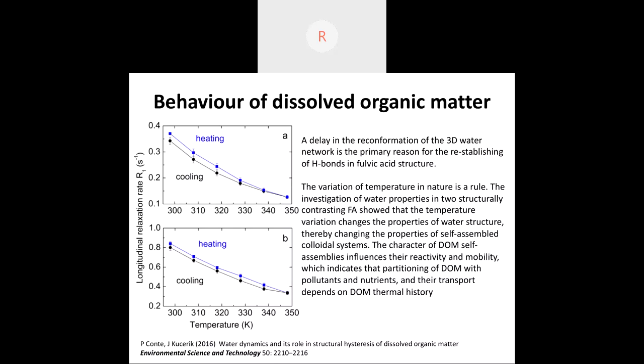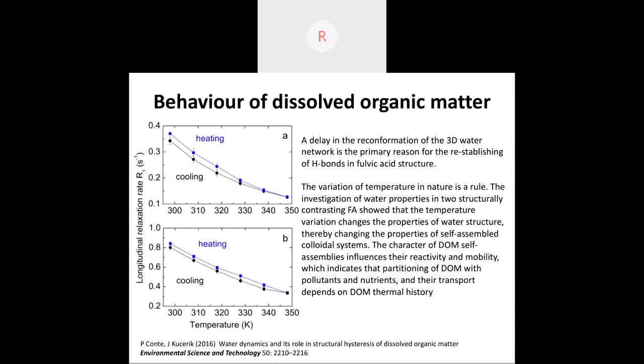That means that because of the heating and the cooling, the conformation of the humic matter, or in this case of the dissolved organic matter, changed, and so also changed the strength by which the water is bound to this dissolved organic matter. Why is this a very important environmental problem?